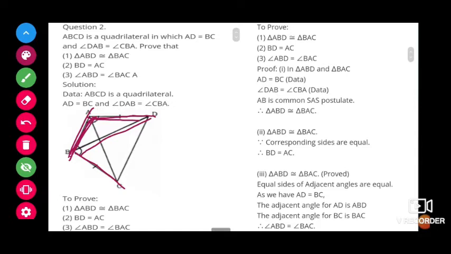Next, this angle is equal to this angle. So we can say that two sides and the angle lying between the two sides are equal in both the triangles. So I can say that both the triangles are equal. This is the first one we proved.